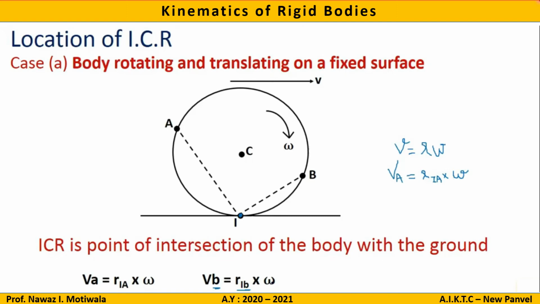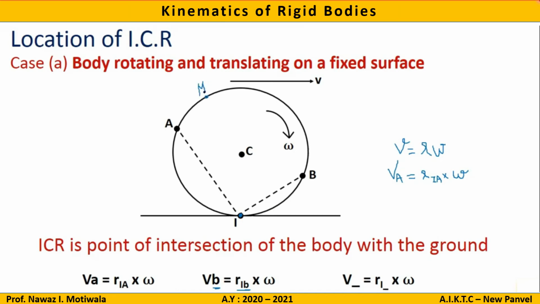So you consider any point on this body. Let us say it is any other point on the body and I want to find out its velocity. So I will write V dash, it can be anything, it can be point C, it can be point D, equal to R from I to that particular point. Let us consider this point M on this body.